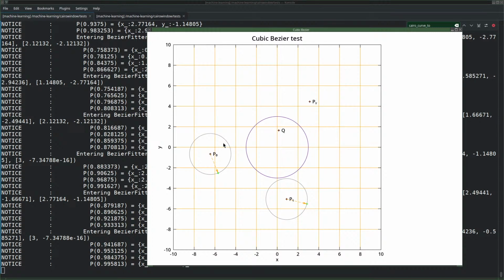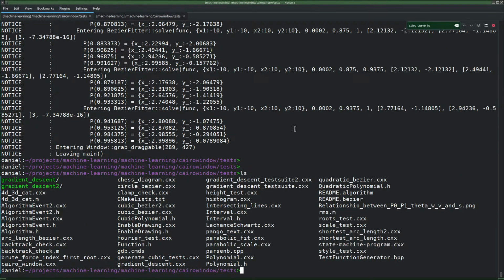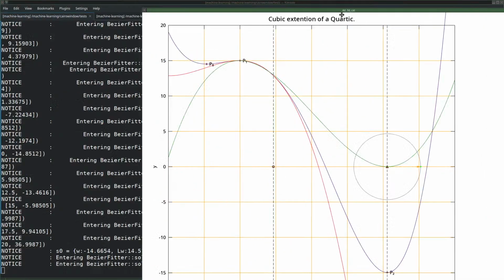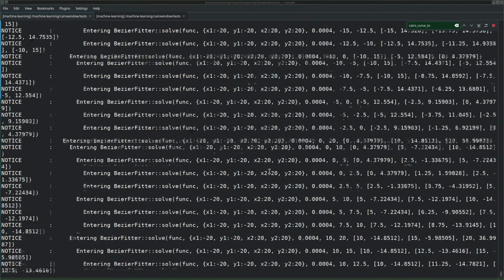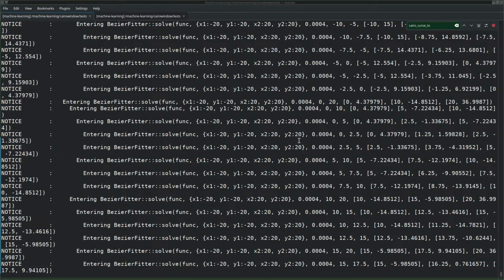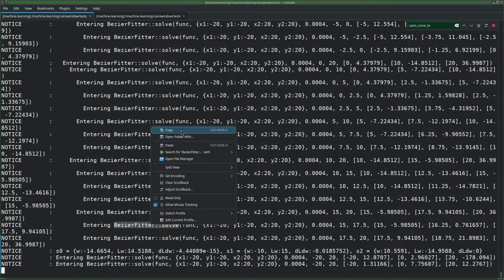Okay, let's try one of the other tests that I think went wrong. Too much debug output.